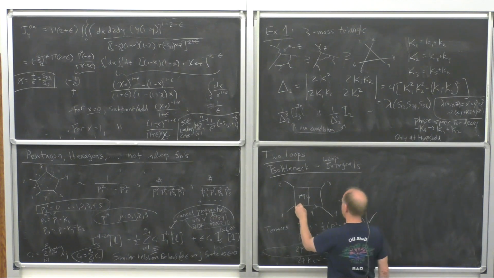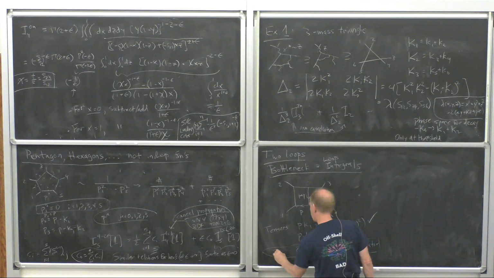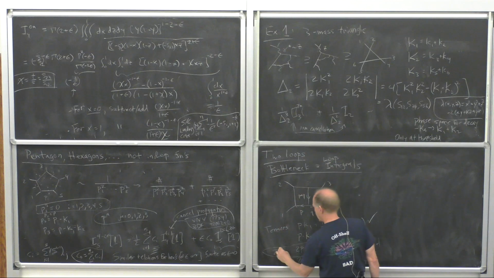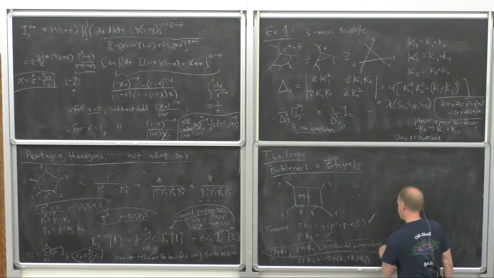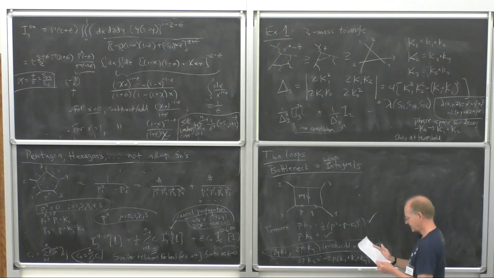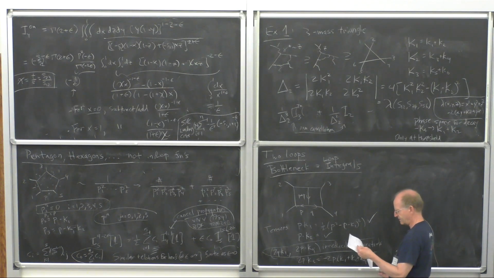So that's where we dot this one into this one. And then by symmetry, there's another irreducible numerator on the Q side, so we have two different irreducible numerators in this case. So that's something to keep in mind that's different.